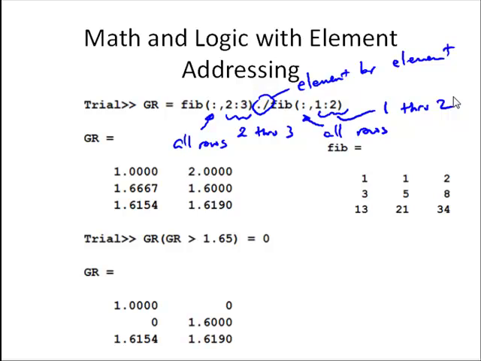So you have to be paying special attention to your addressing here, which is a row, which is a column, and making sure that the end results are the same size.